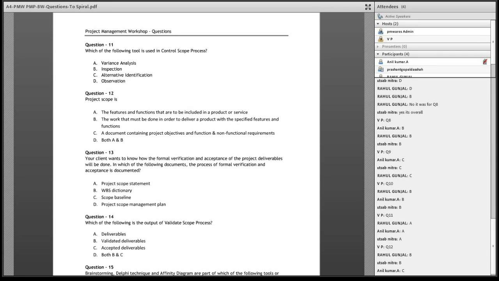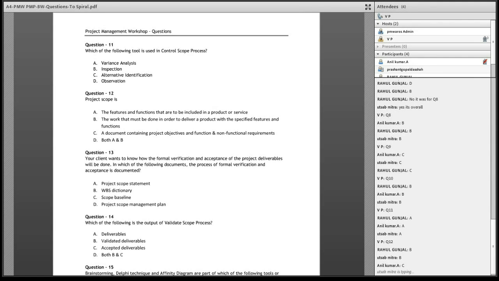The project scope is... a feature and function. No, sorry, not B. Okay. The work that must be done in order to deliver a product with the specific features and functions. Right. That is one thing. C is a document containing project objectives and functional and non-functional requirements. That is a requirement document, isn't it? What is a requirement document? It contains functional and non-functional requirements.